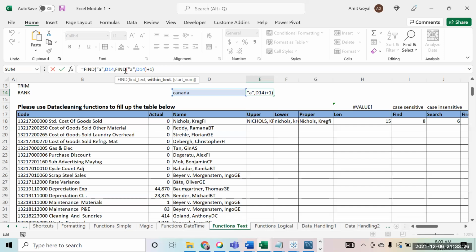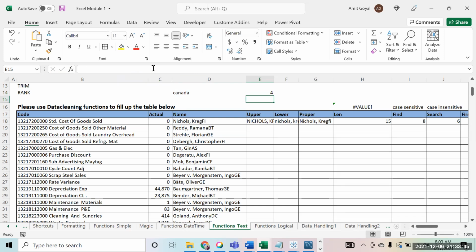Because see, if you do +2, 2 plus 2 will become 4. It will start finding from the fourth position. So fourth anyhow is the second A only, so it will give you that same position. See, for example, if I say +2, you will still get the output as 4 only. Got it?